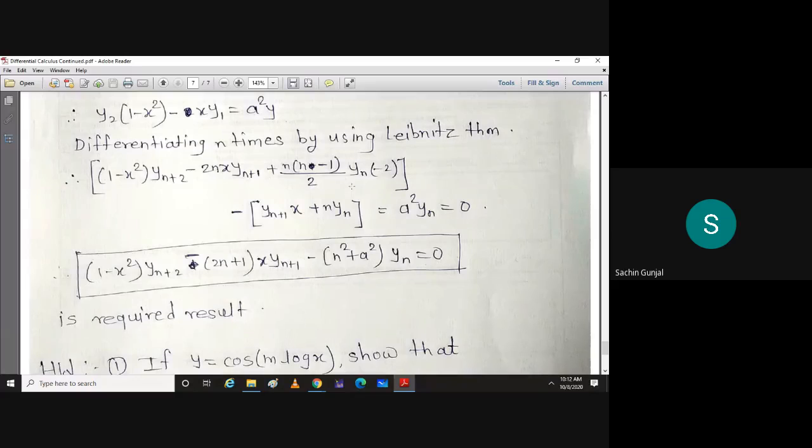Then collect the coefficients of yn: n square minus n minus 2 times, then minus n and minus a square. You will get n square plus a square times yn equal to 0. All right, just write down these two lines.